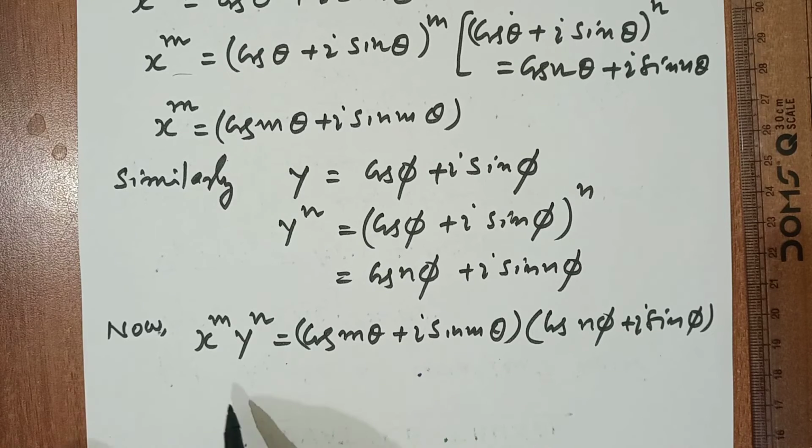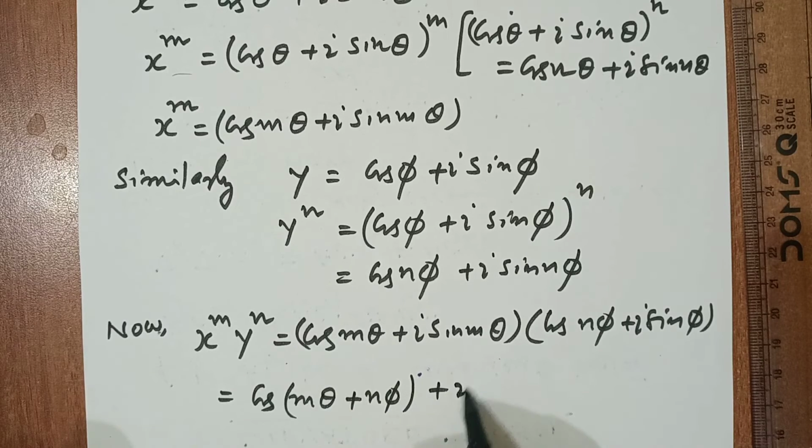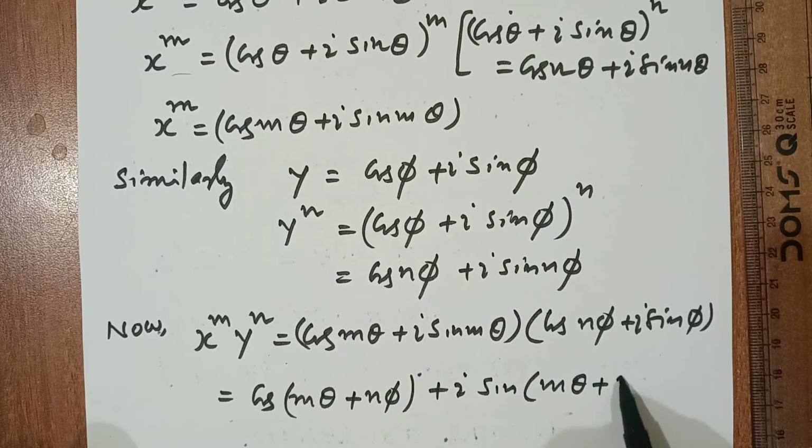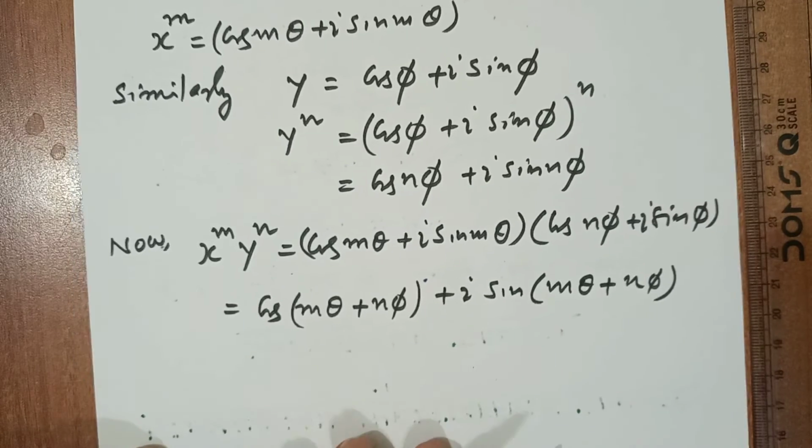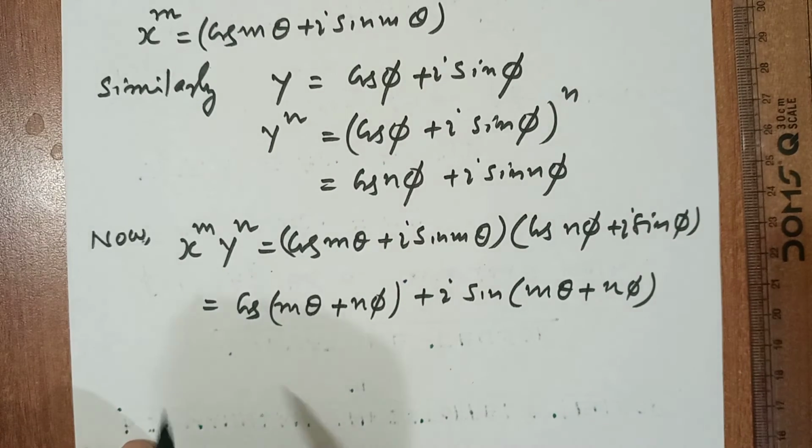So this is equal to cos (m theta plus n phi) plus I sin (m theta plus n phi).